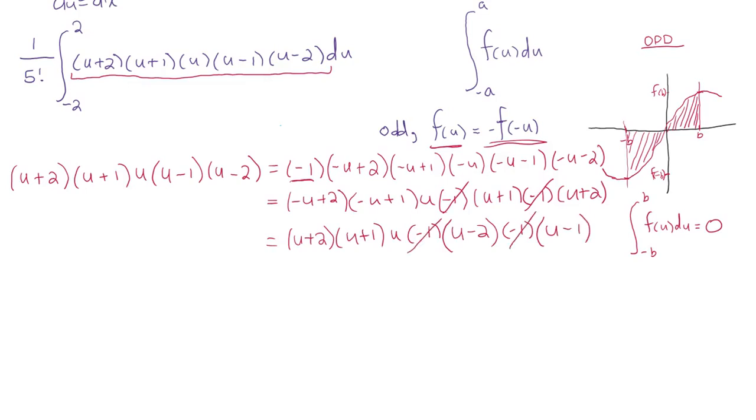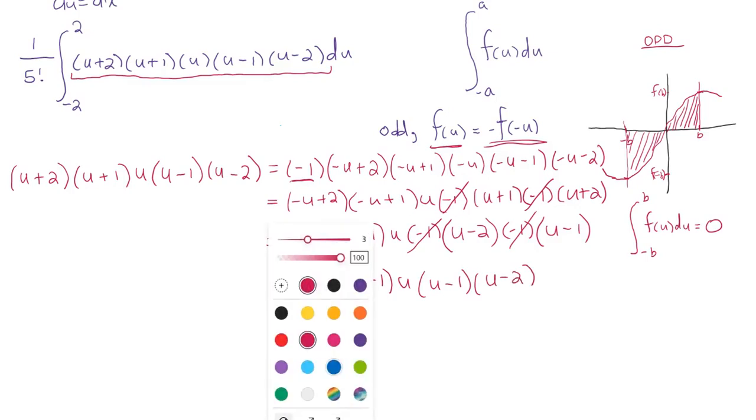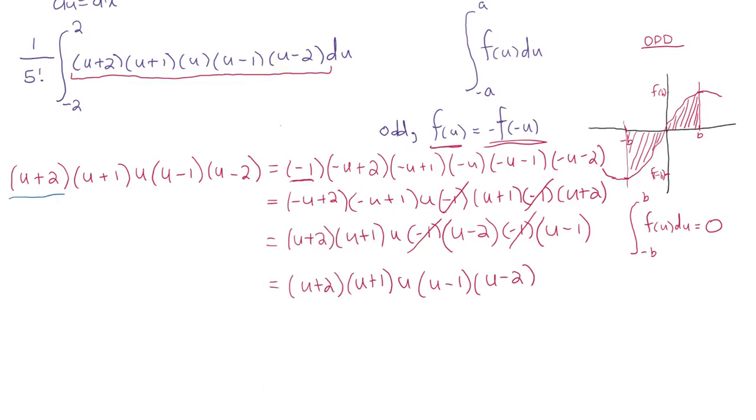If we cancel these out and rewrite it, then what we get is u plus 2, u plus 1 times u times u minus 1, and I'm changing the order here, and then u minus 2. So what we just showed is that our f of u was equal to our minus f of negative u, which means that this is indeed an odd function.